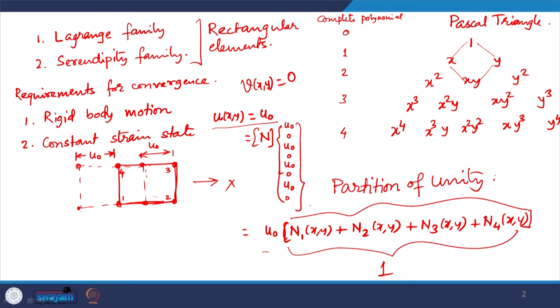So, this is a very important test, or a very important requirement, for the interpolations to satisfy. We will explore this more, and the rules of Lagrange's family of rectangular elements and serendipity family of rectangular elements, in our next lecture. Thank you.